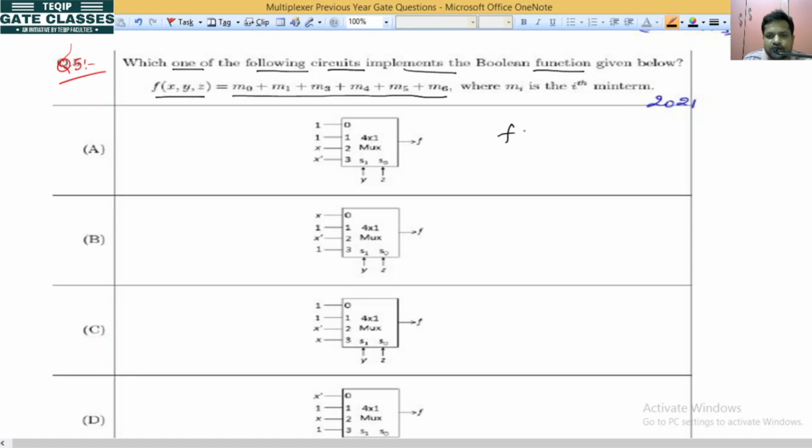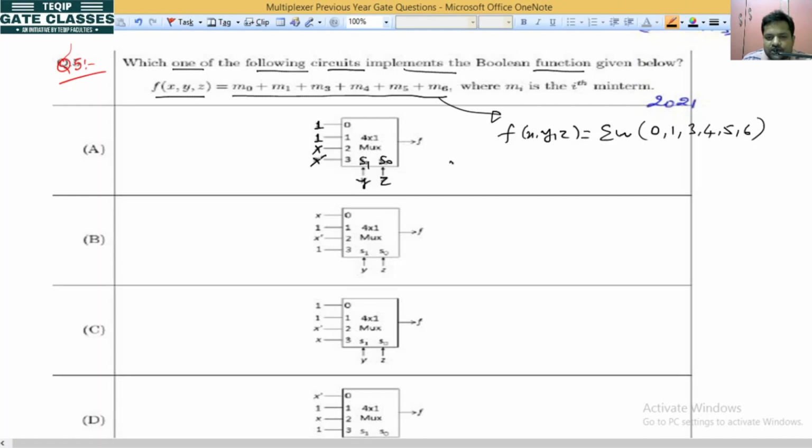The boolean function is given as f(x,y,z) equal to summation of m, which you can write as 0, 1, 3, 4, 5, 6. This is the function that is given. It is asking which of the muxes given below implements this function. So in the first one we have 1, 1, x, x bar. And we have s1, s0 here, y, z.